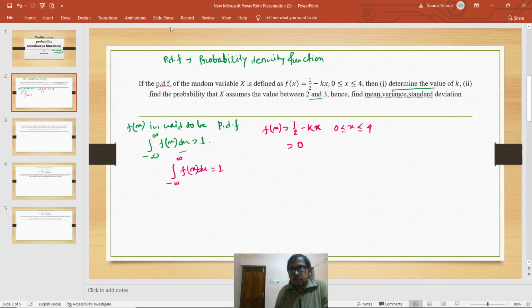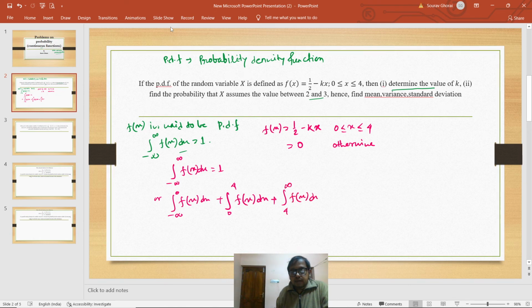So we can write the integration like this: minus infinity to 0 f of x dx plus 0 to 4 f of x dx plus 4 to infinity f of x dx is equal to 1. See here that f of x is only defined over 0 to 4, and otherwise it is 0.